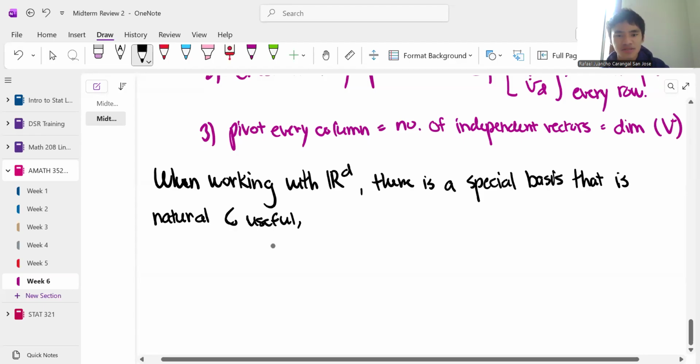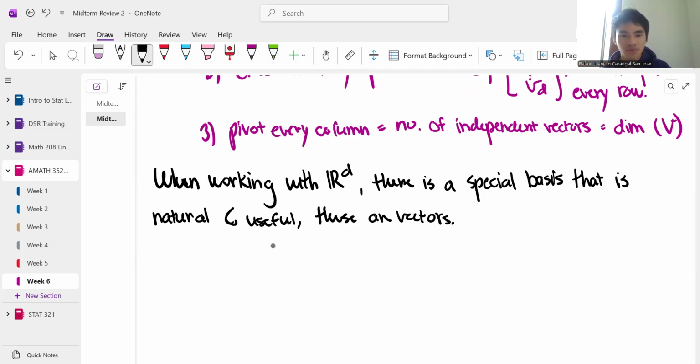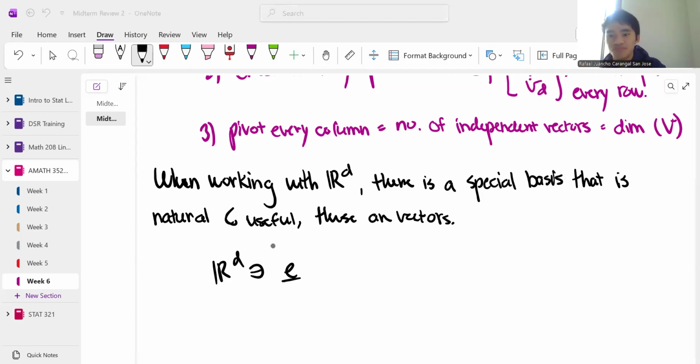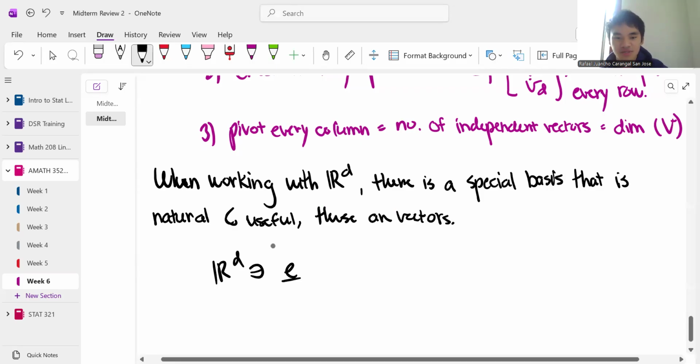And so these are the vectors in Rd, e sub j. E stands for standard basis.